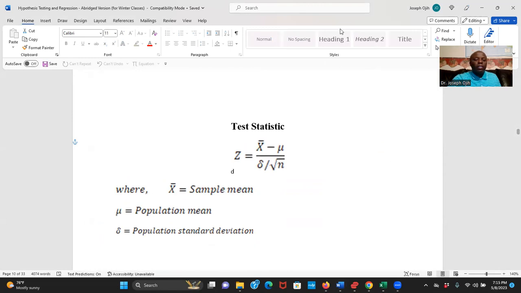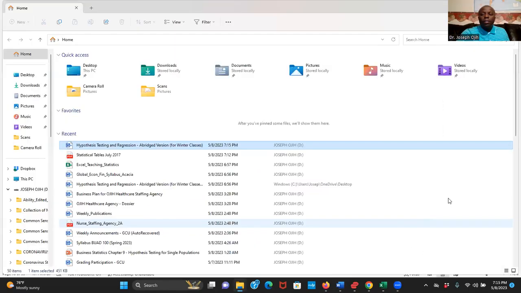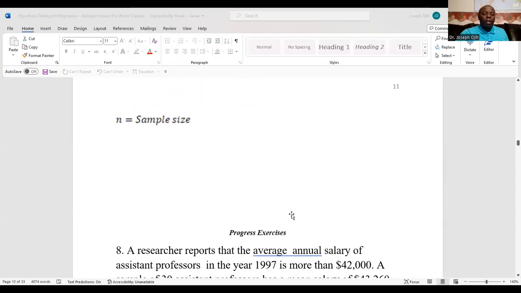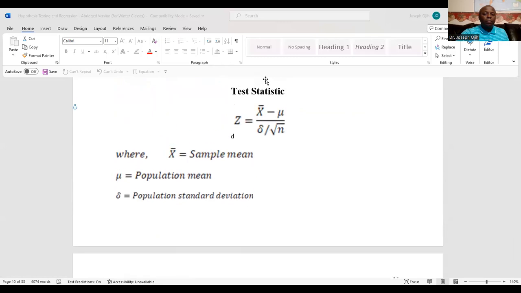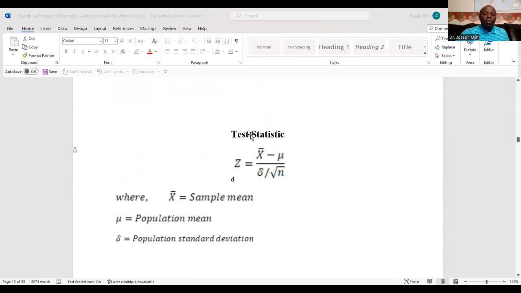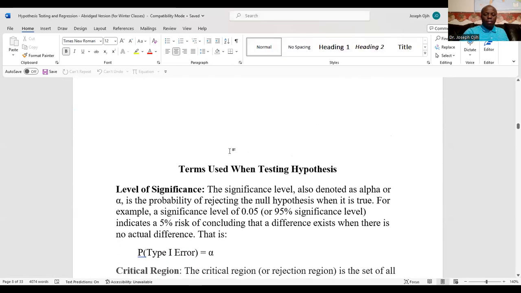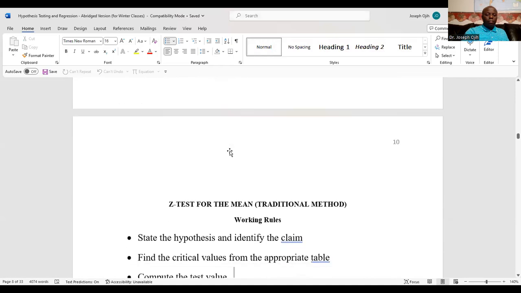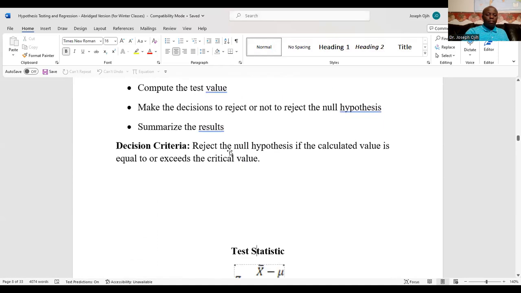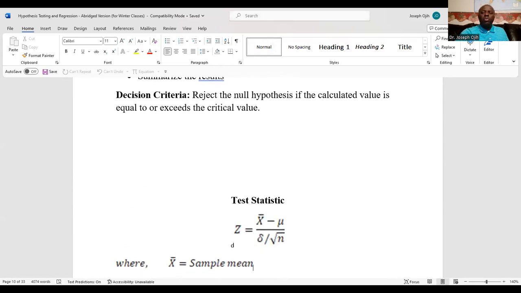Make sure you are seeing this. Maybe I should use the other one.